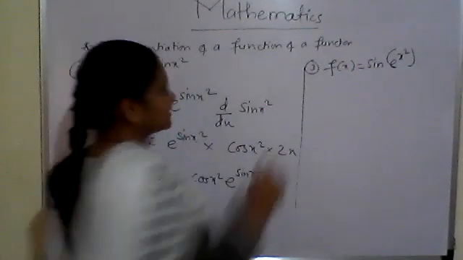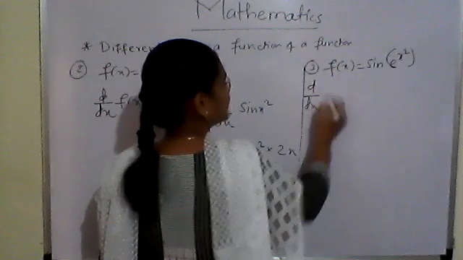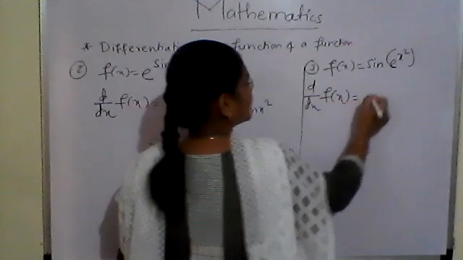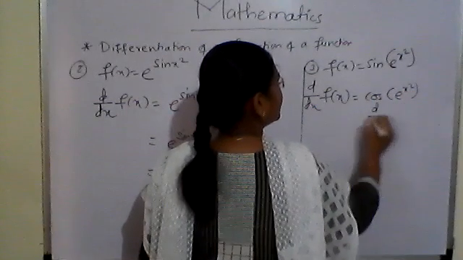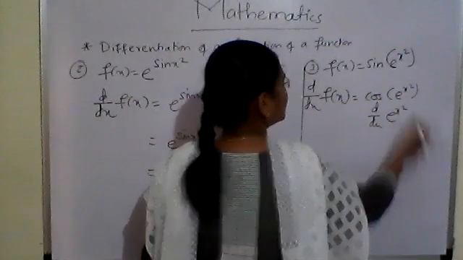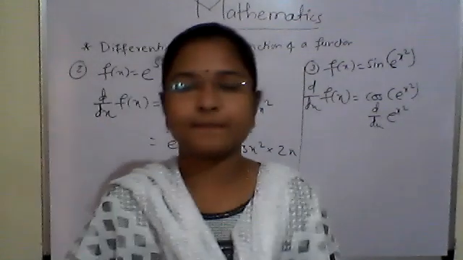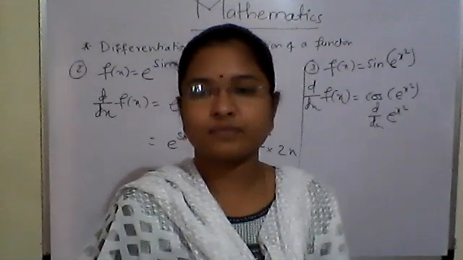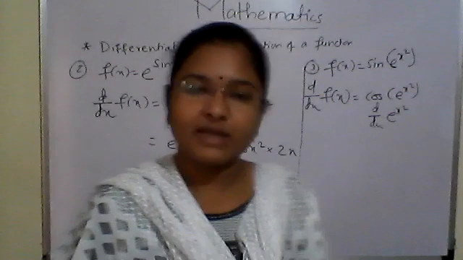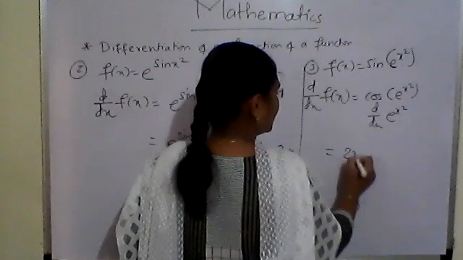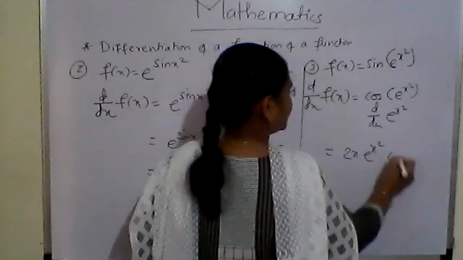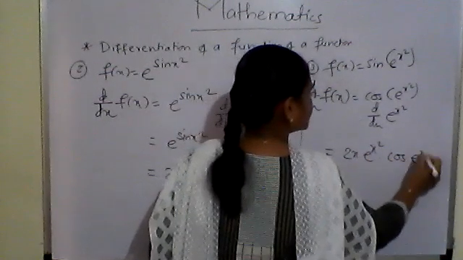So d by dx of f of x is cos of e raised to x square into d by dx of e raised to x square. What is the derivative? e raised to x square into 2x. So it is equal to 2x into e raised to x square into cos of e raised to x square.